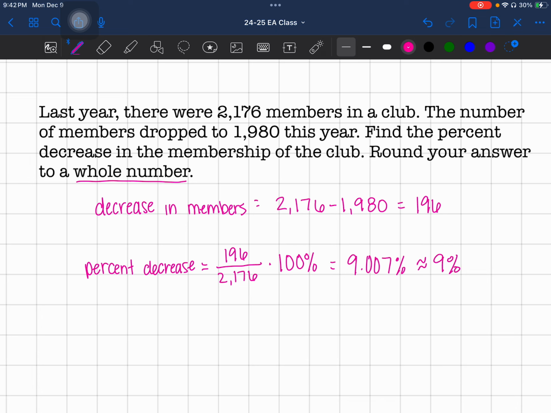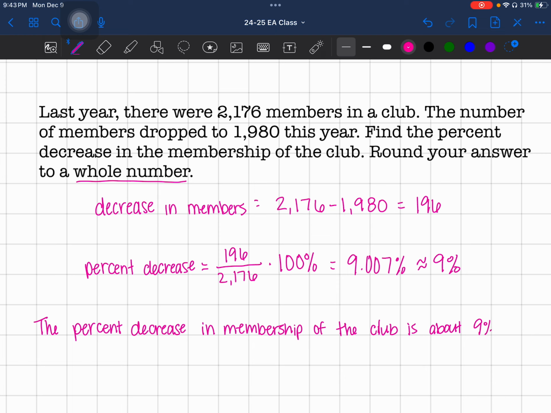Okay, so the percent decrease in membership of the club is about 9%.